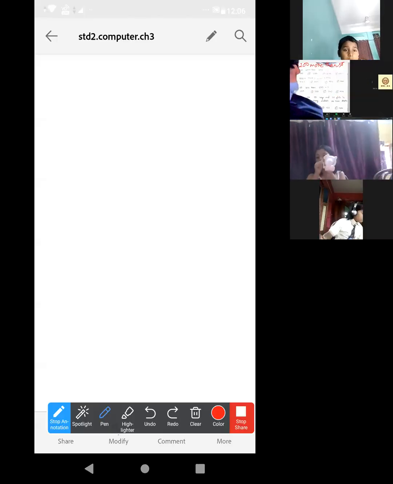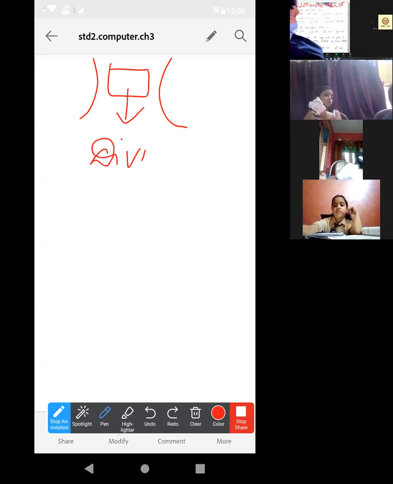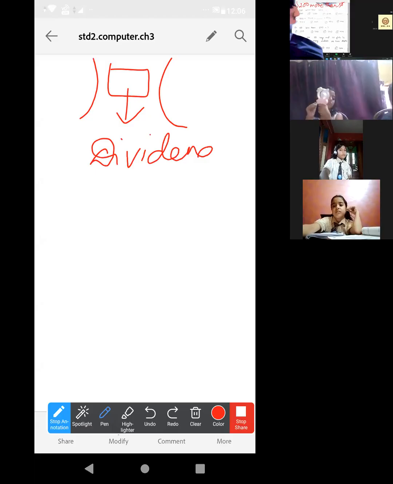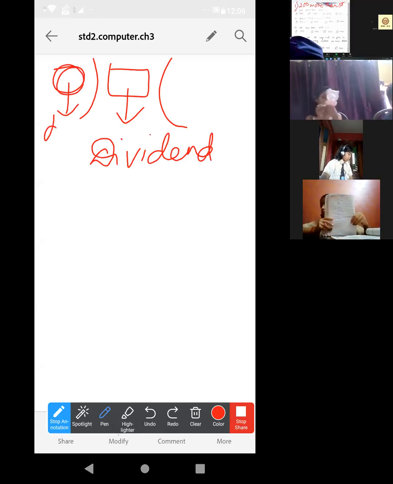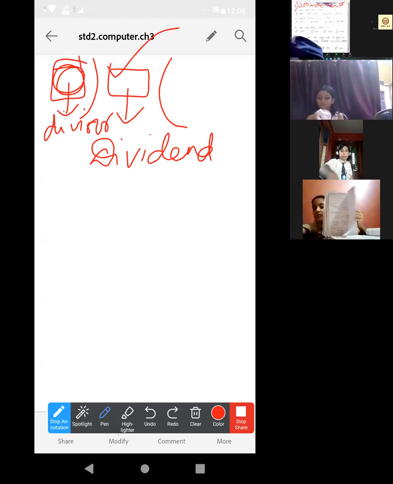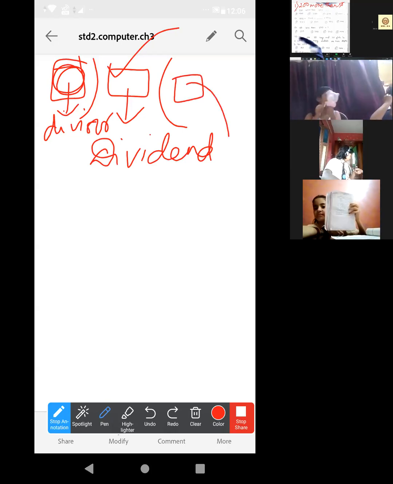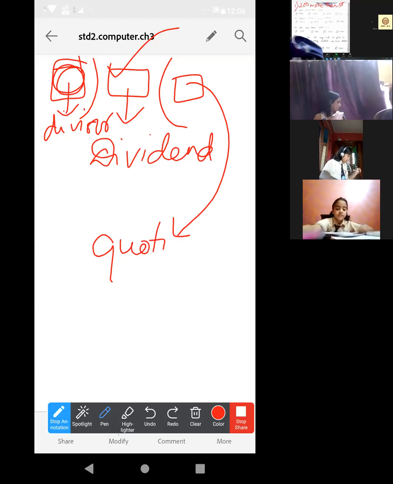Look at this. Suppose we are dividing any number, then that number is called the dividend. And the number by which we are dividing is known as the divisor. After dividing this big number by this small one, we get an answer, and that answer is known as the quotient.